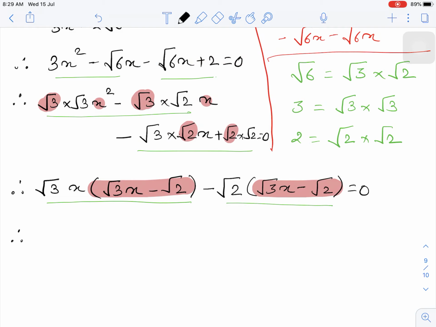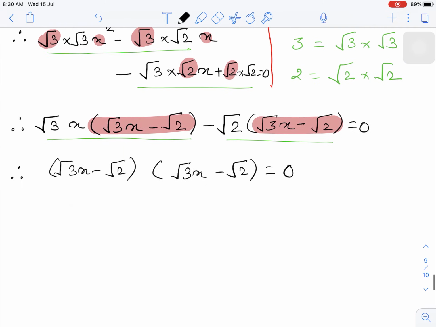So in the next step you will get (√3x − √2), and in another bracket, from here if we are removing this one, what is remaining? Again we have √3x, and from here we have − √2, equals to 0.